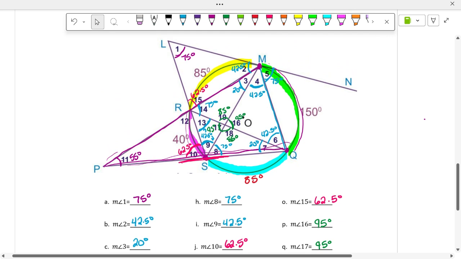All right, last one is angle 12. Help me out with that. Mahogany. Subtract what?